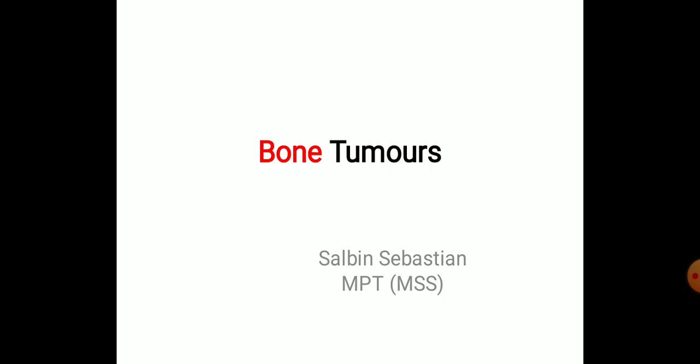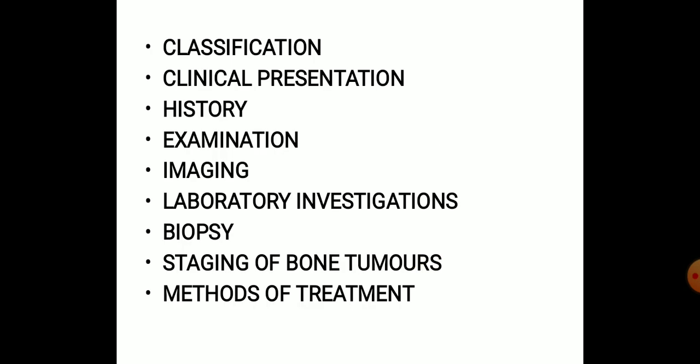First, these are the things we are going to cover today. First one is classification: how we can classify bone tumors, either according to the site of the lesion or according to the tissues which make up the tumor. Second is clinical presentation: what kind of symptoms and signs are presented in these tumors, and the history.